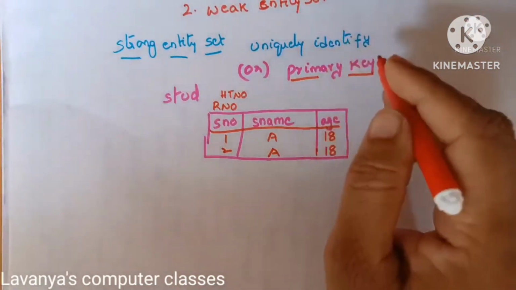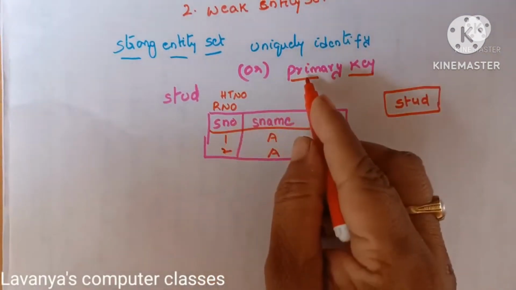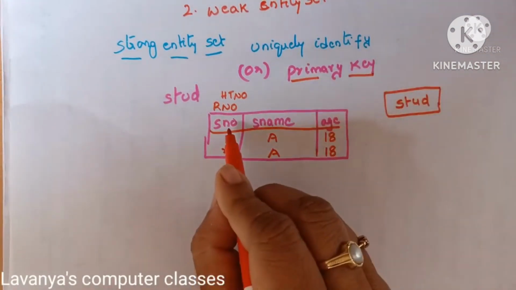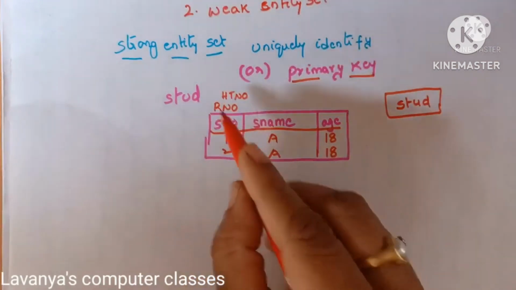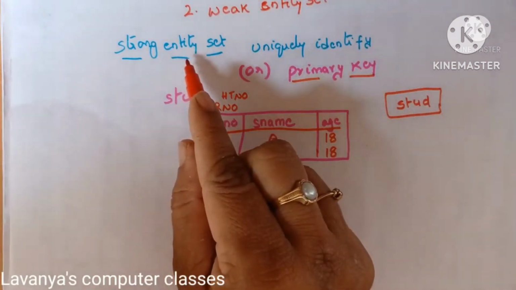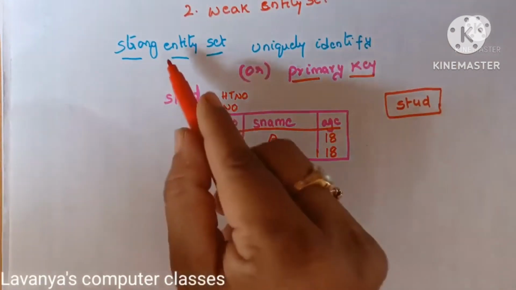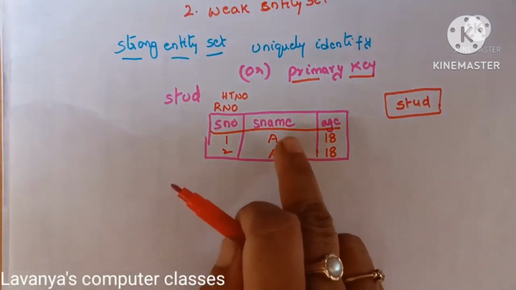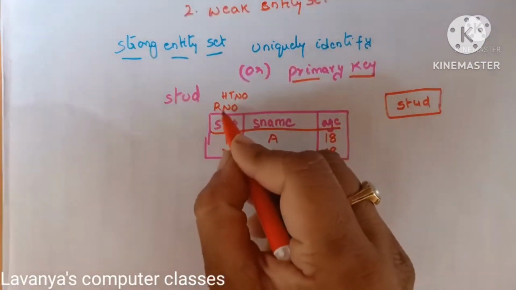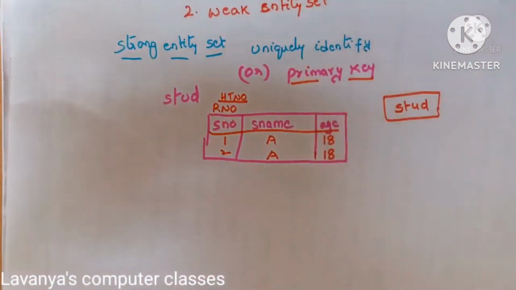I will explain the primary key concept in the next videos. An entity set that has a primary key, through which it is possible to identify its entities, is known as a strong entity set. This is an example of a strong entity set, because here the serial number or hall ticket number is a primary key attribute.